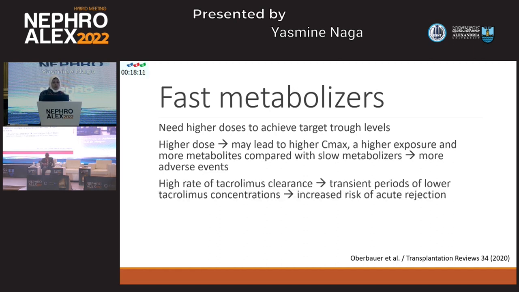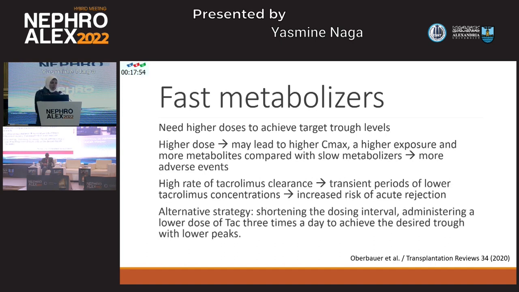And with this high rate of tacrolimus clearance, at the end of the day they have very low levels, so they are at increased risk for rejection. So they are having both the side effects and the acute rejection.